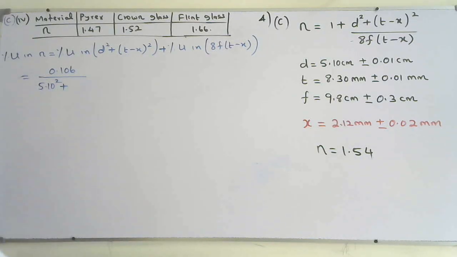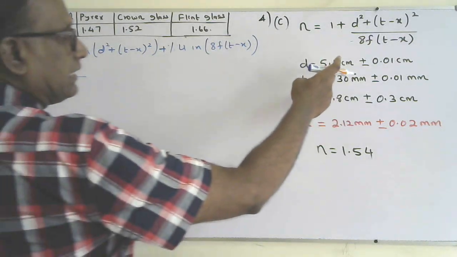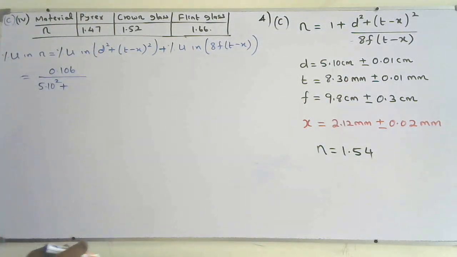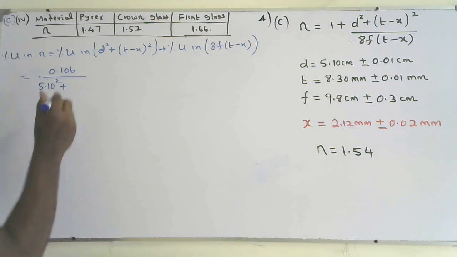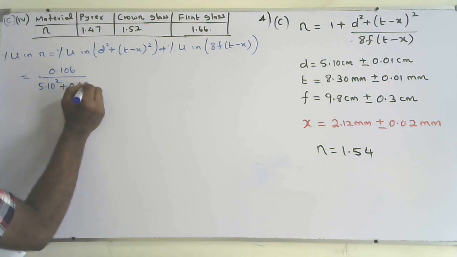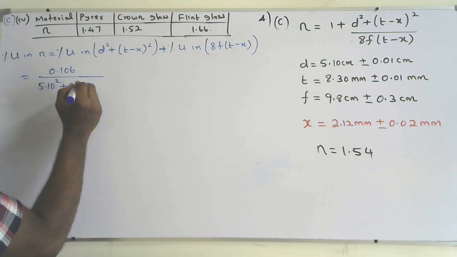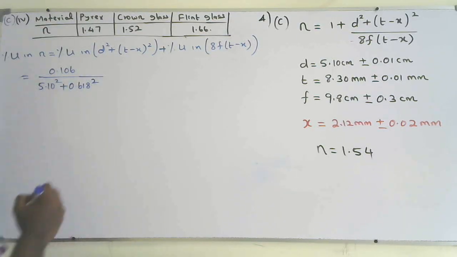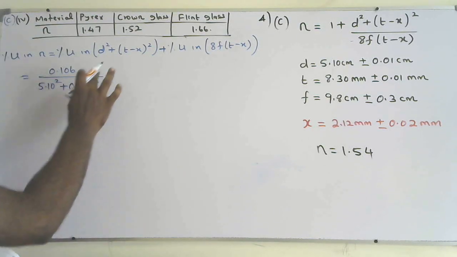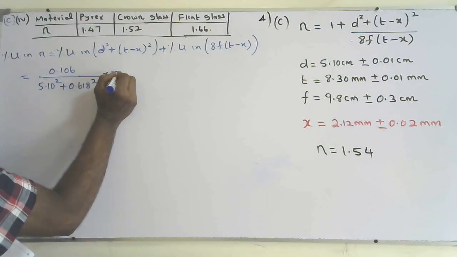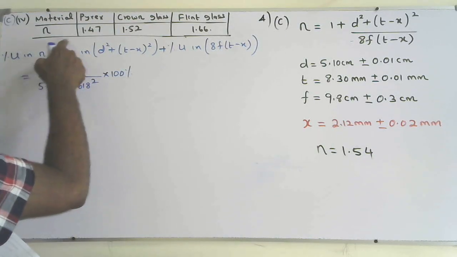If I find t minus x, you can find it from here: t minus x, you will get 0.618 in centimeter. So (t minus x) all squared, times 100%. That's the percentage uncertainty of this one.